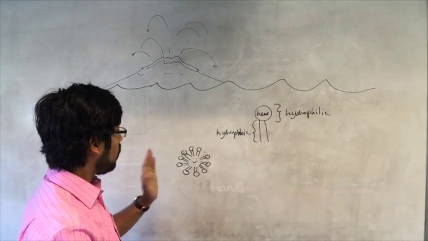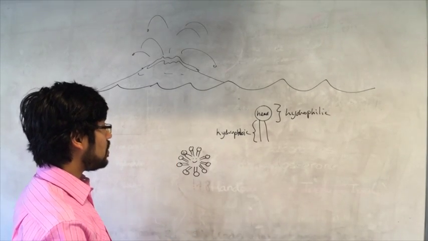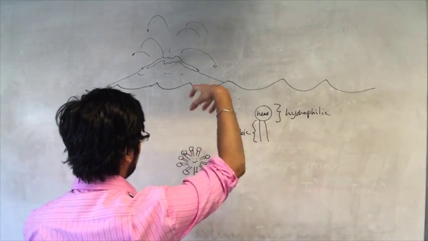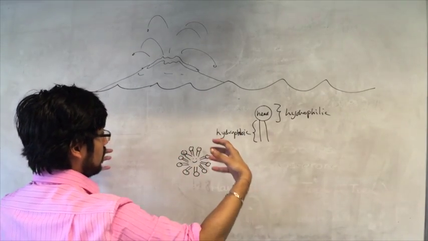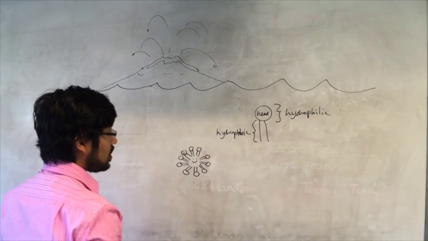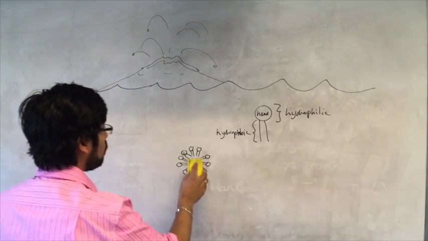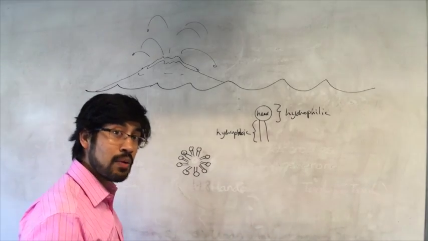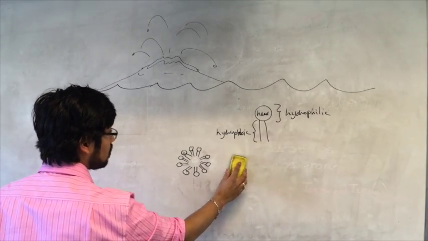Yay! On its own, however, this is not big enough to form a cell. So as you know, if this structure got bigger and bigger, the unavoidable situation is that we do have water on both the inside and the outside of this layer. So that's going to be a problem.